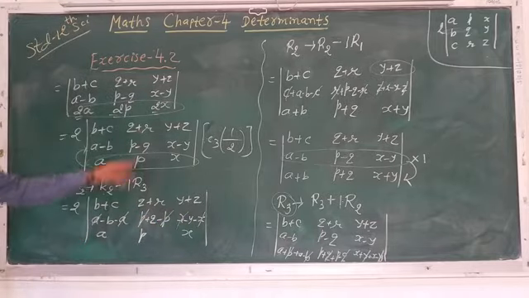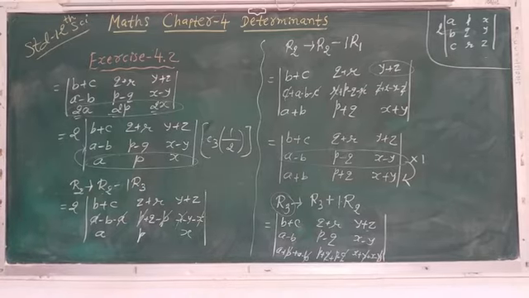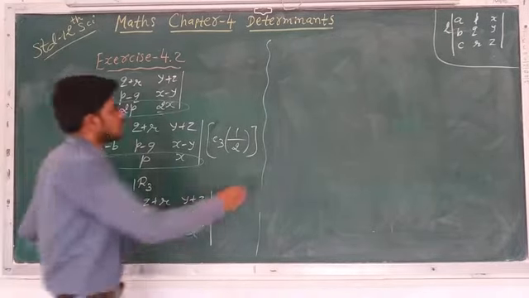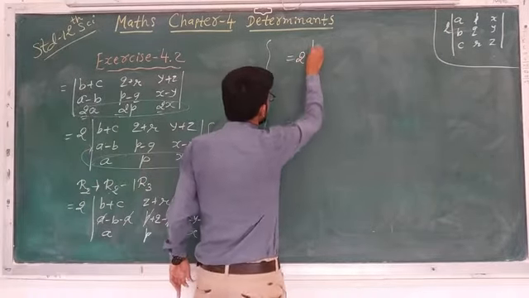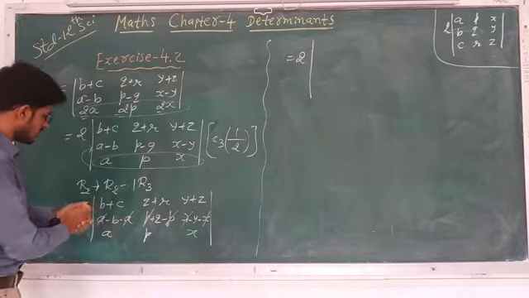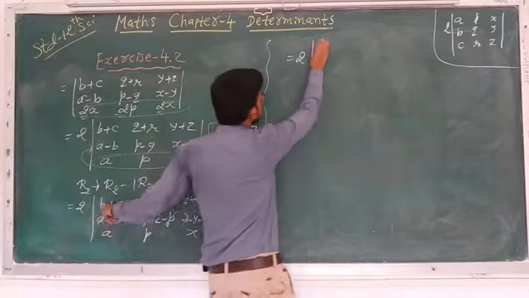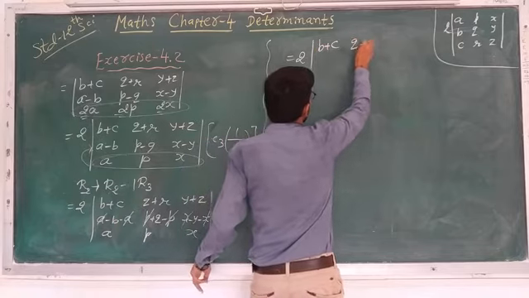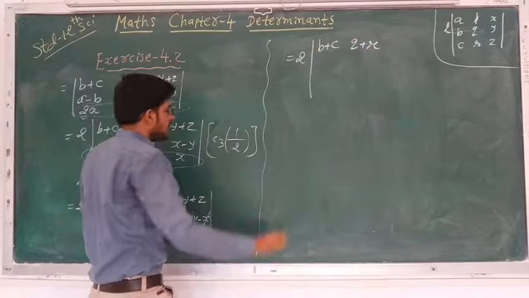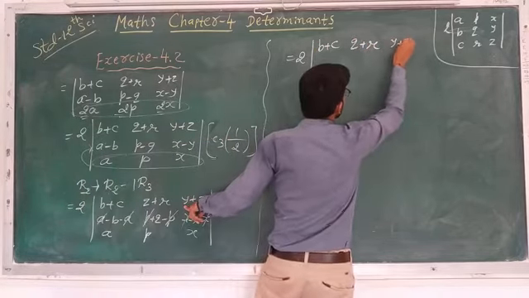So what is the next step? It is equal to 2 times the determinant, where the first row is as it is: b plus c, q plus r, and y plus z.